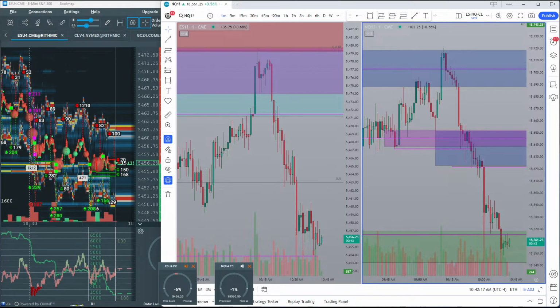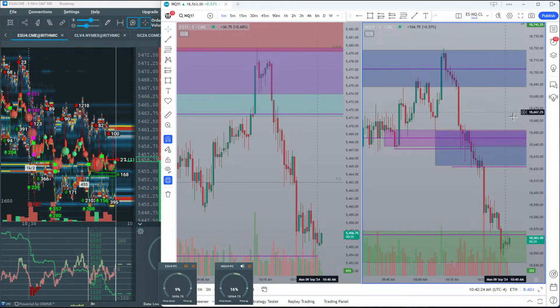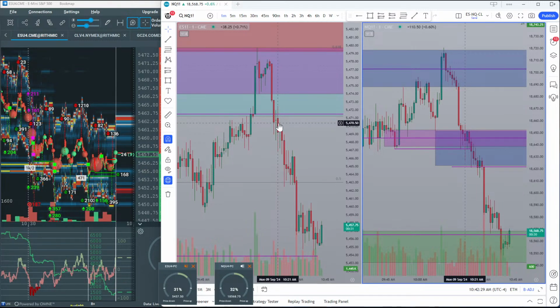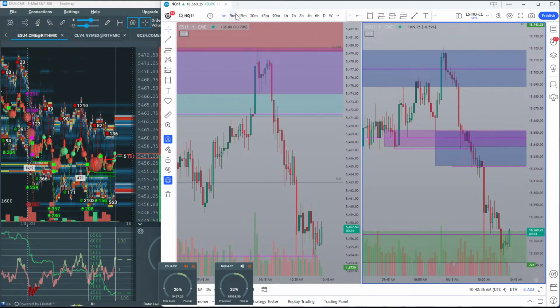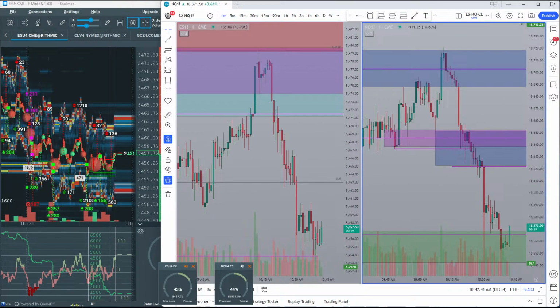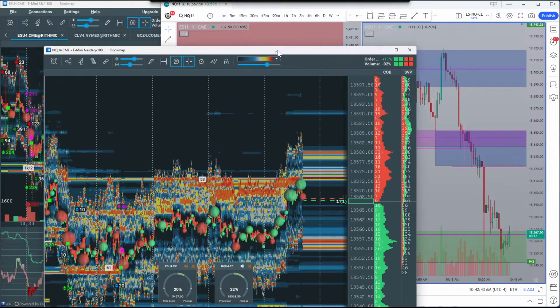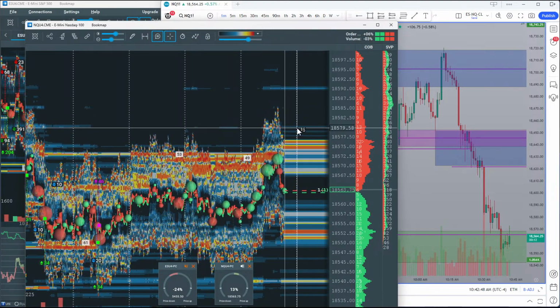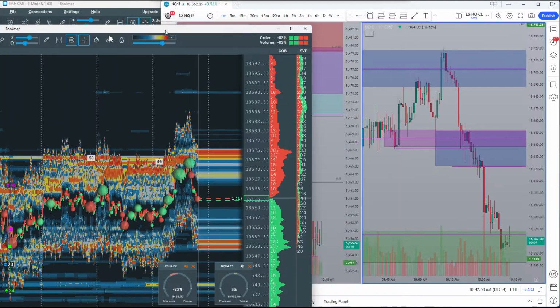Still holding out here. Look at the consolidation we see on Bookmap on the ES and NQ. Good buying pressure on NASDAQ for the moment. And it's gone. Dude, that's funny.